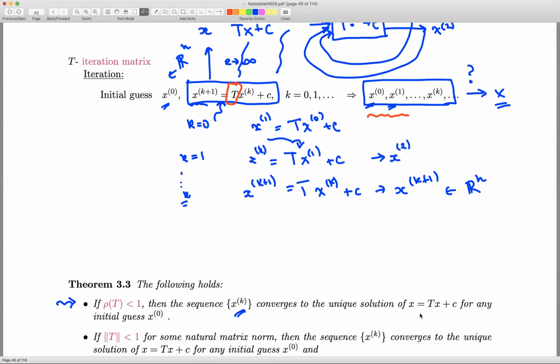And also we discussed last time that if the spectral radius of this iteration matrix T is less than 1, then this system will have a unique solution.